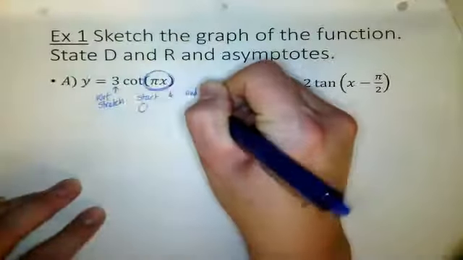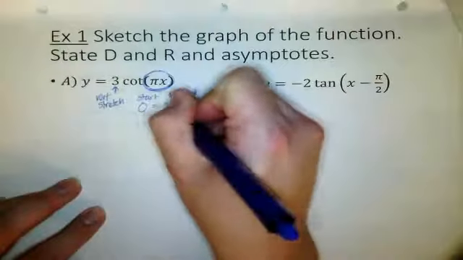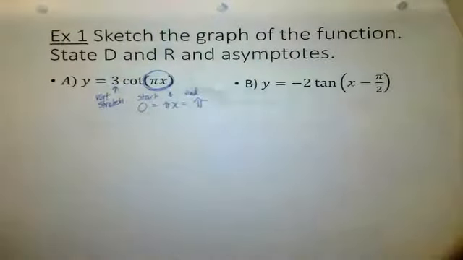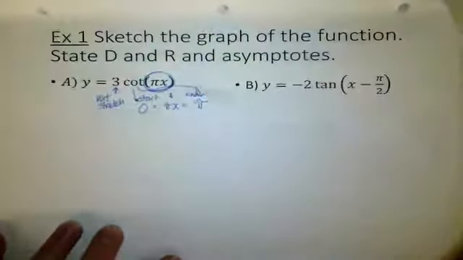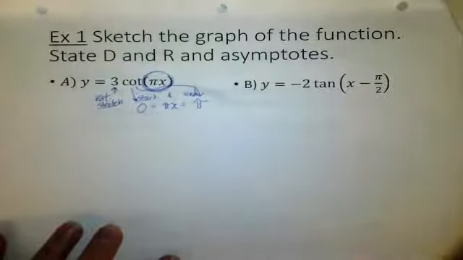Normally it starts at 0 and it ends at pi, but it's got these changes in between. Changes with x. And so these 0 and pi are specific to the cotangent function, and that's going to change based on what you're looking at. How do we solve for x? Divide by pi.